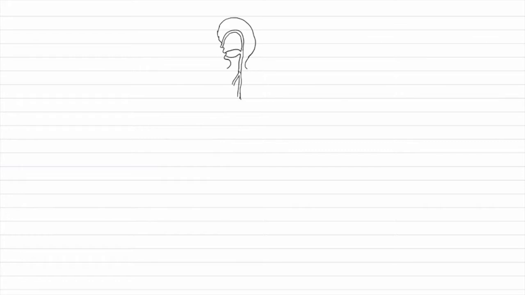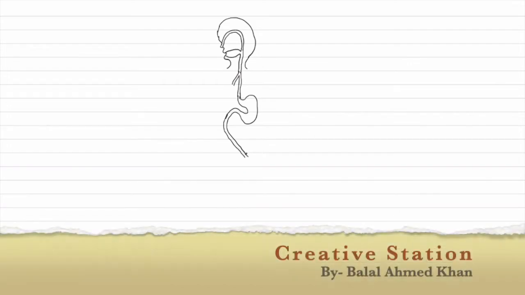At the end of the esophagus forms a sac-like structure named the stomach. The stomach can be divided into two parts: the cardiac stomach and the pyloric stomach.